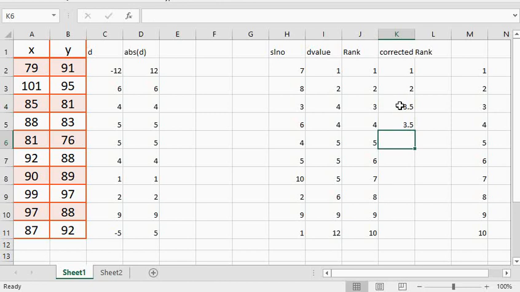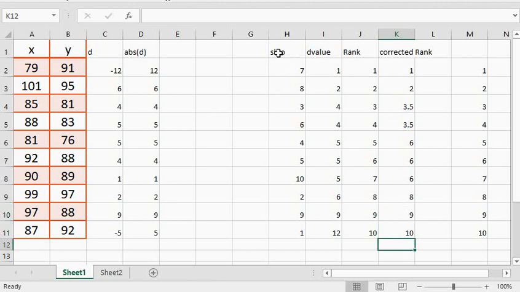Similarly, 5 is repeated in positions 5, 6, 7, so the rank is the average, 5 plus 6 plus 7 by 3, which is 6, given to all of them. The next ones are 8 and 9. So these are the corrected ranks.